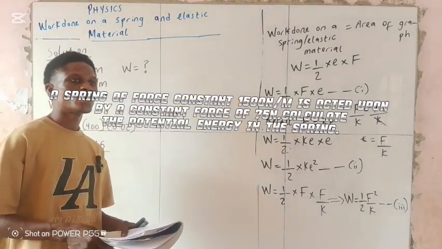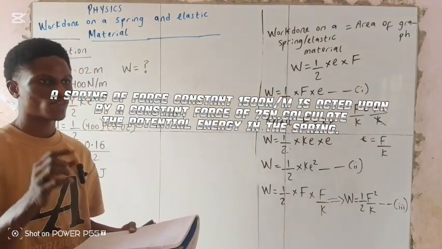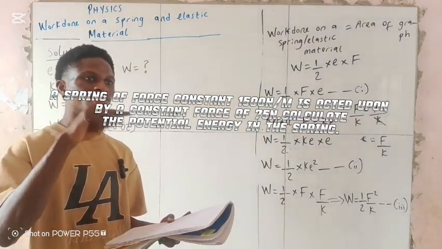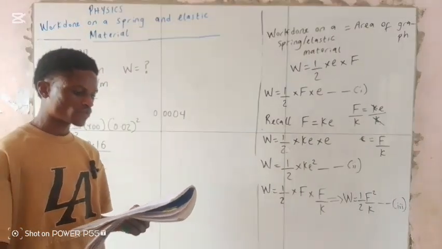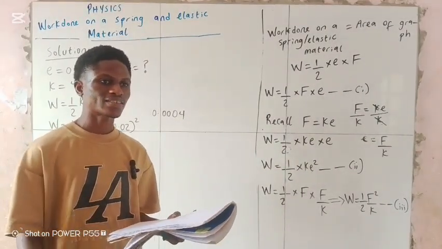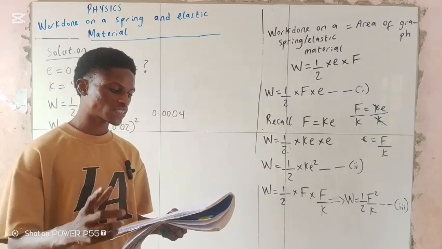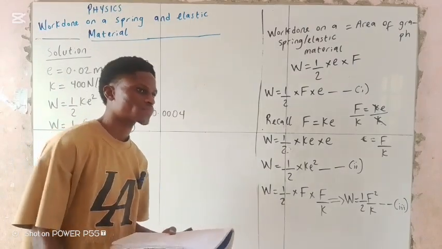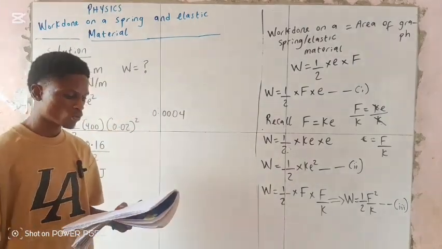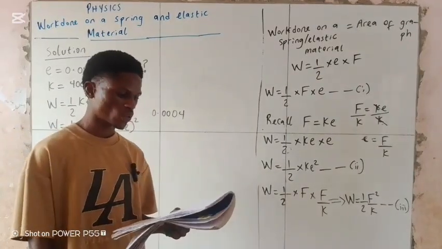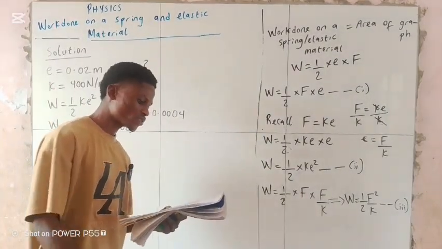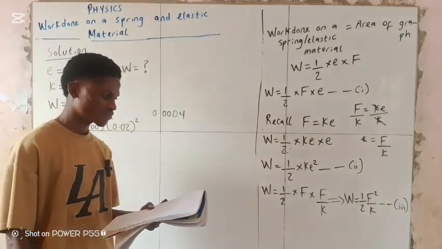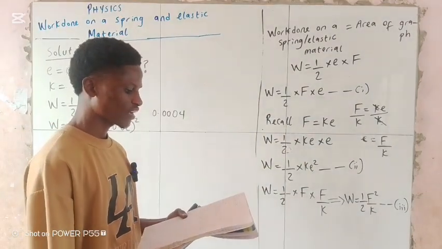A spring of force constant 1,500 Newton per meter is acted upon by a constant force of 75 Newton.